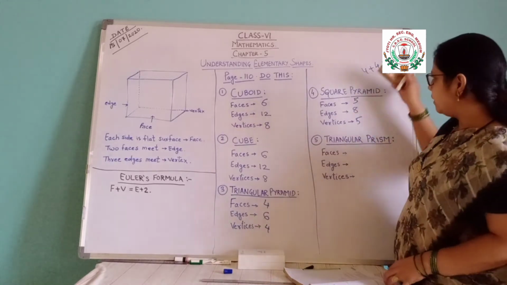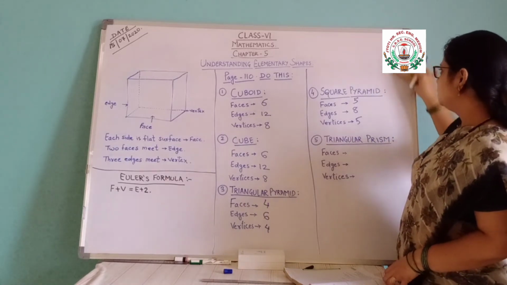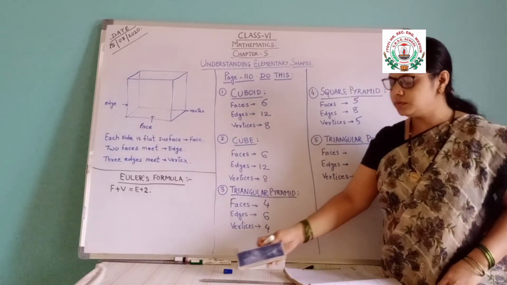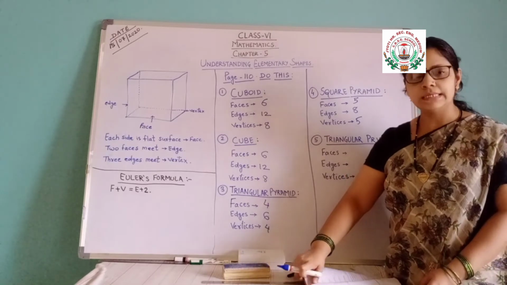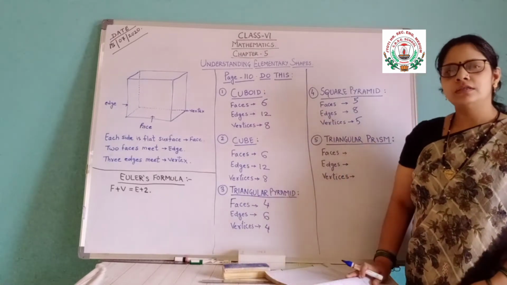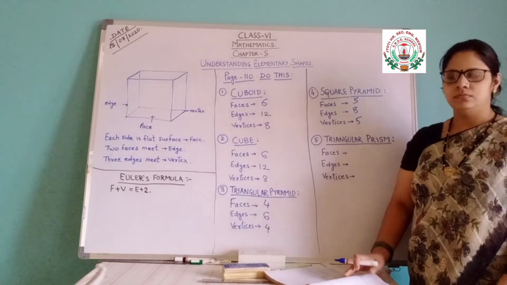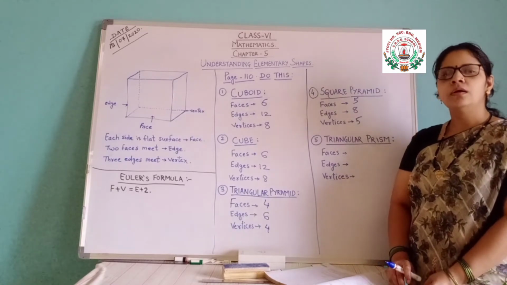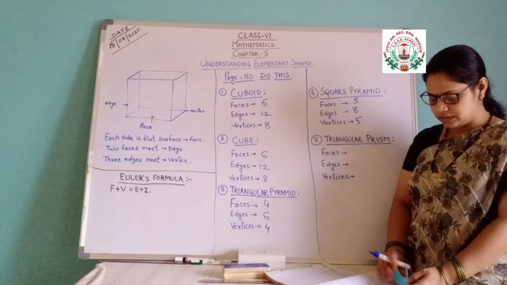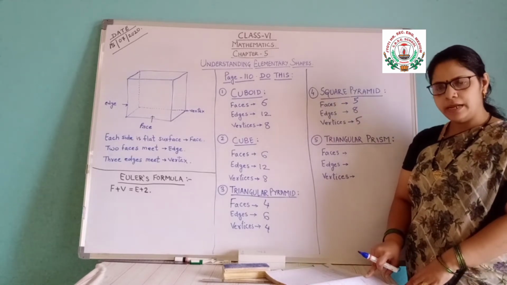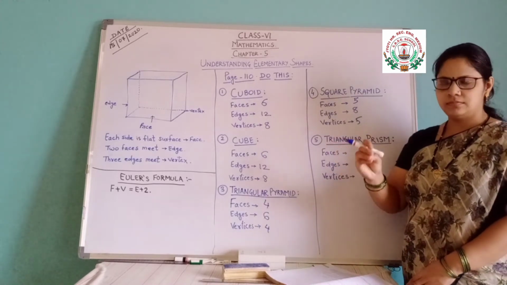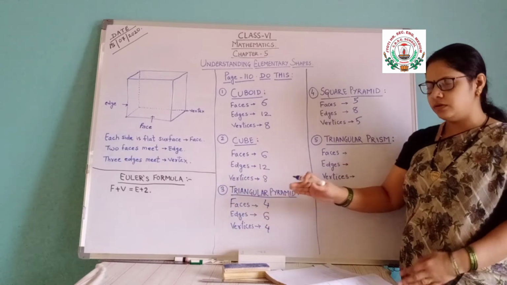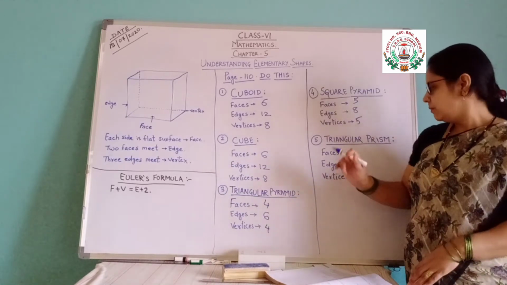And now triangular prism. Now you are in class 6 only. Further, when you go to the next classes, you will have this prism in practicals in science, physics and all. So you will get prism there. It is a type of like this pyramid, made up of glass prism.